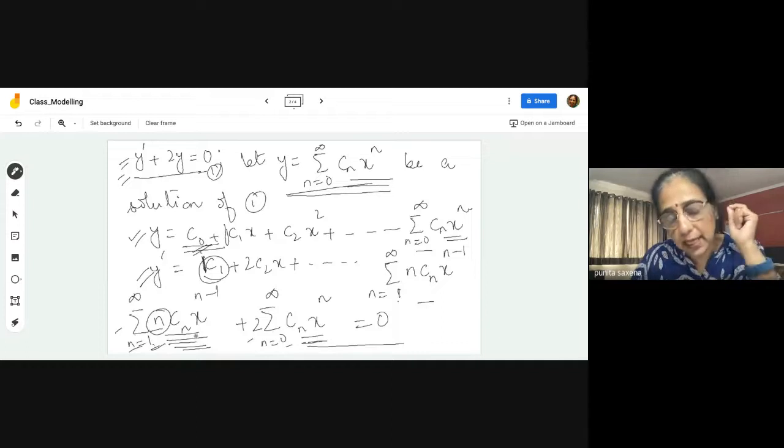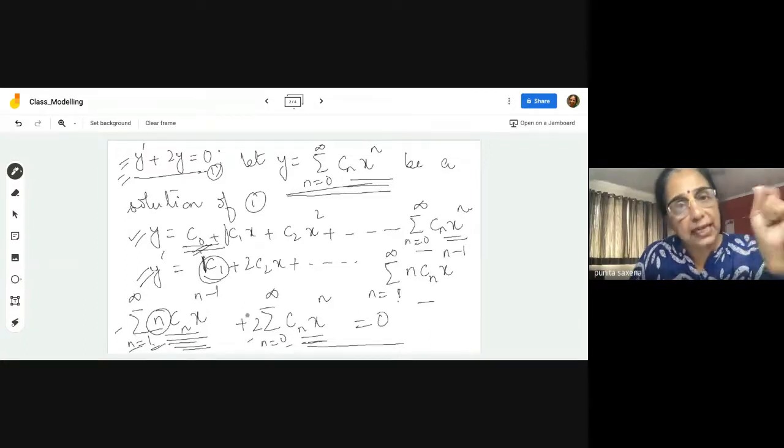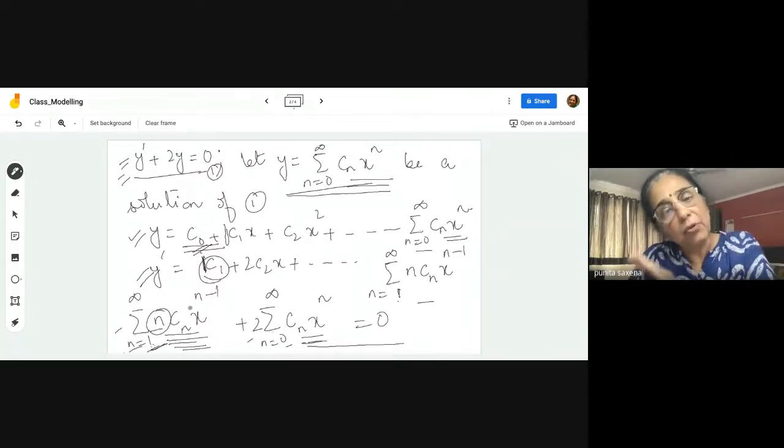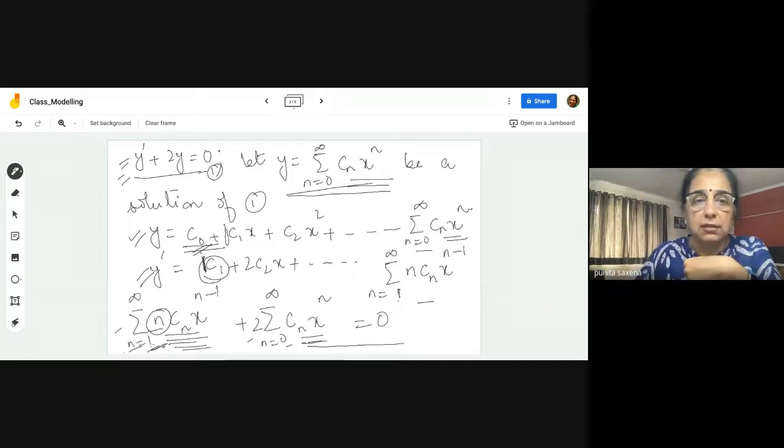You have to just keep in mind this thing, whether you are increasing your starting point or decreasing your starting point. In this case, we are decreasing our starting point from 1 to 0, so we have to increase the index. If we are increasing the starting point, we have to decrease the index.